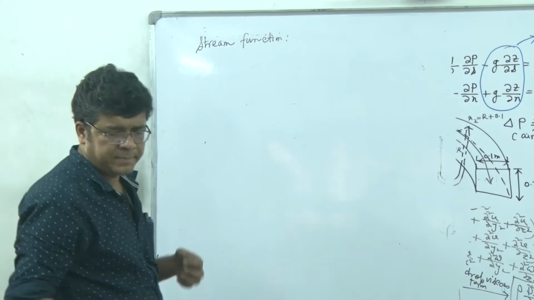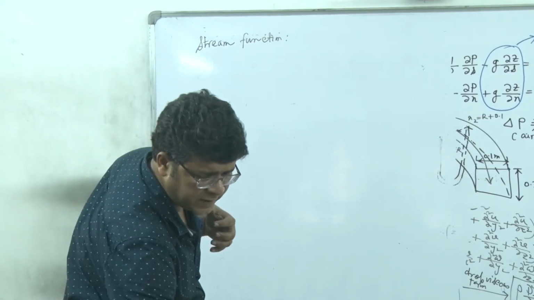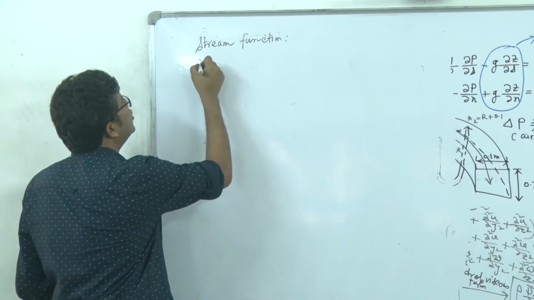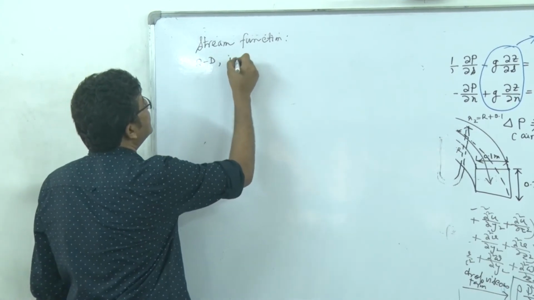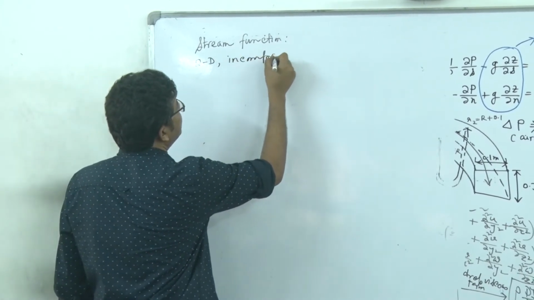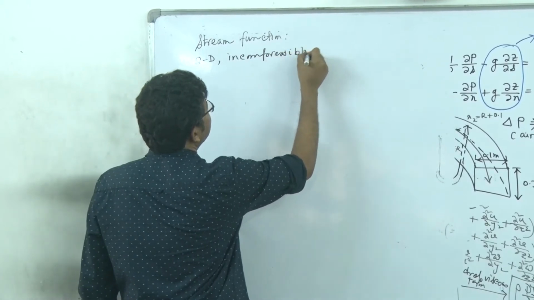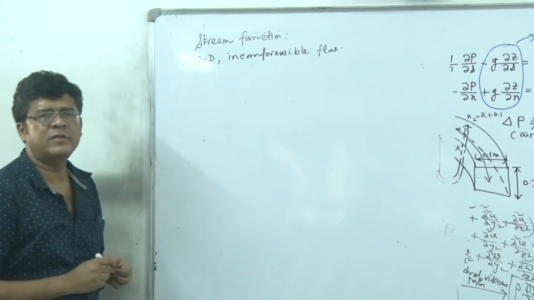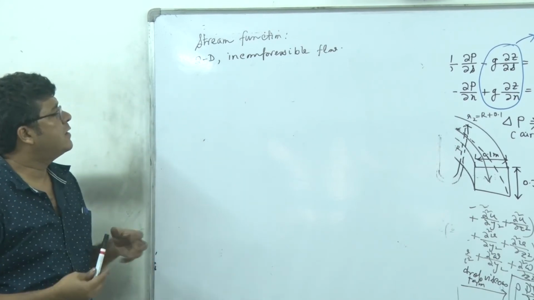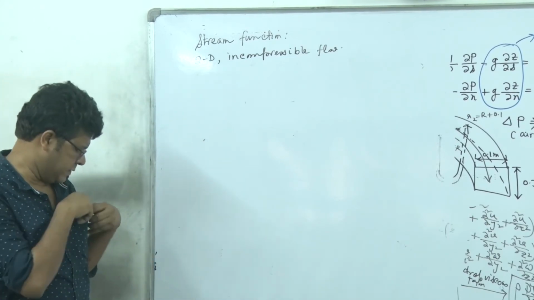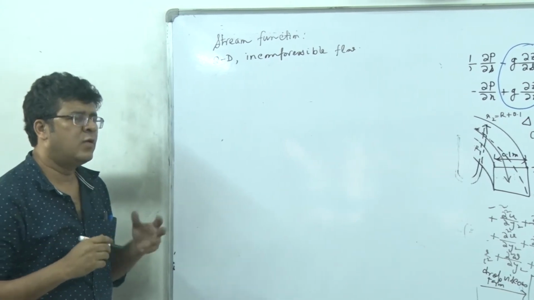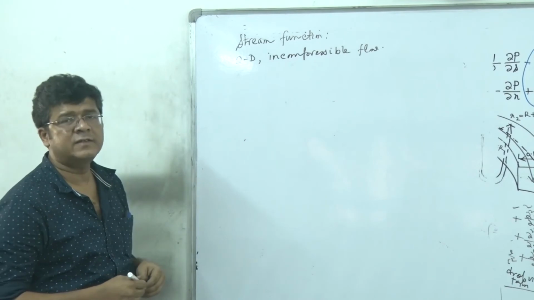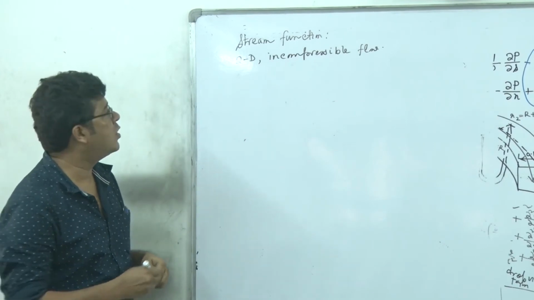So let's consider a specific type of flow, and that is two-dimensional incompressible flow. Now say you want to solve for the velocity profile for a two-dimensional incompressible flow.